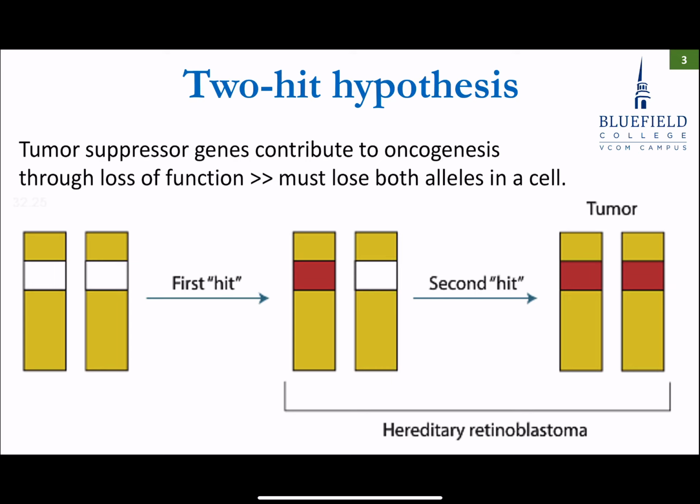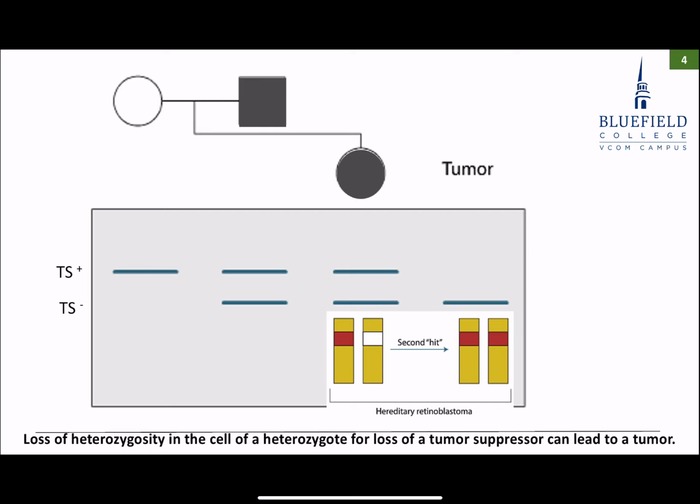So this shows you this heterozygosity loss in tumor. Here's the normal tumor suppressor allele, and this is the mutated allele.